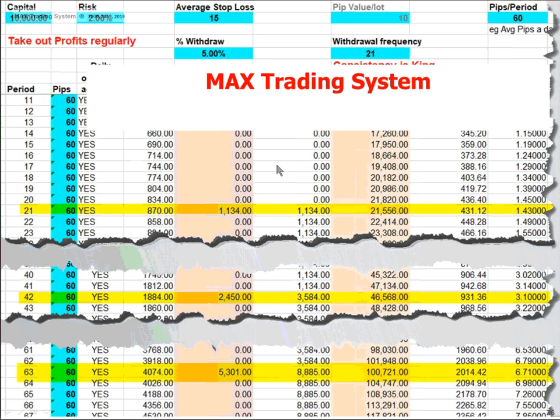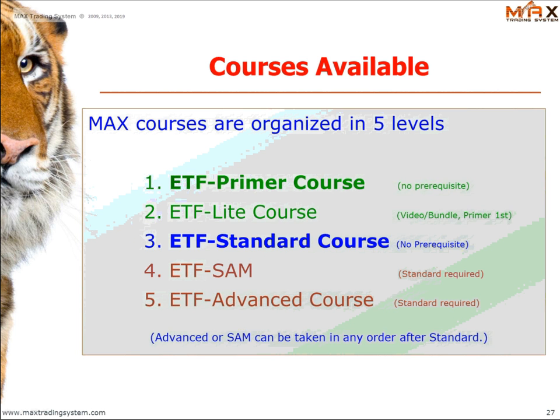Just to make a small recap here, the Max courses are organized in 5 levels. The very first basic level of the Max is the ETF primer course, which is a very small subset of the Max, just to give you the opportunity to see if the Max is something you can consider in your trading process, and to observe also, to conclude if we are legit to teach the Max or to teach a trading system.